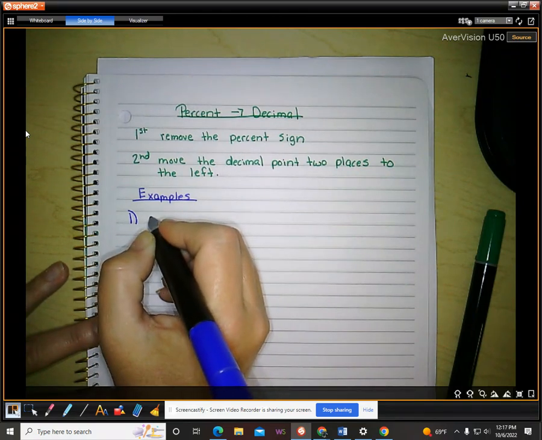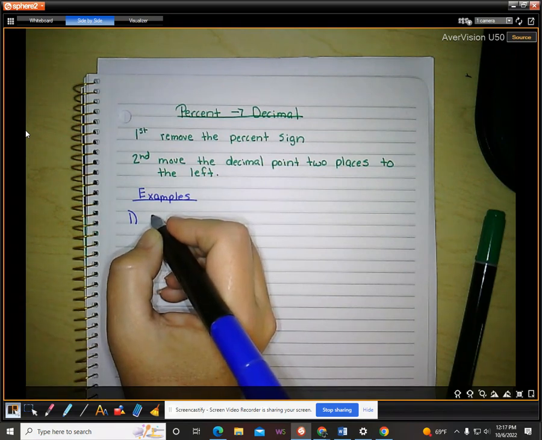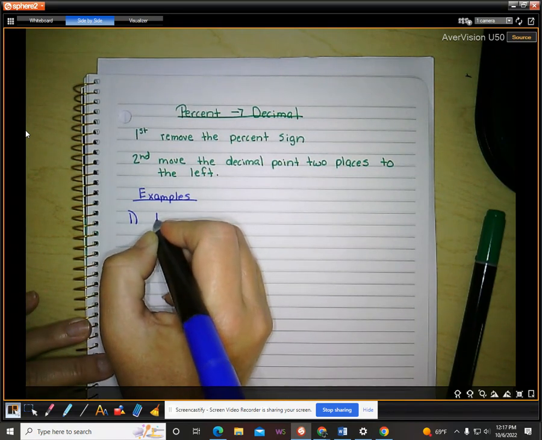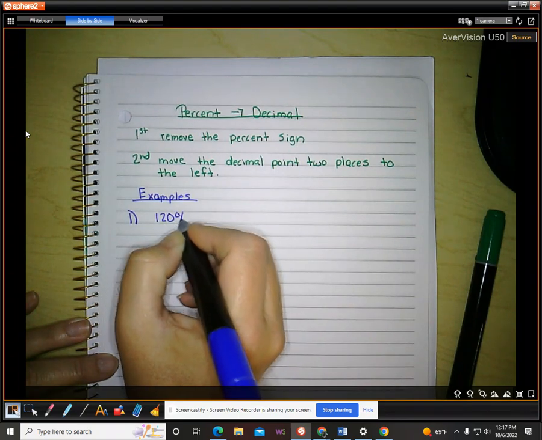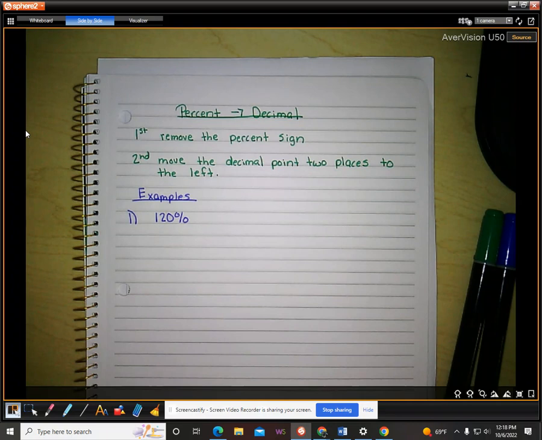So if I got all my IXLs to 100% or to a SMART score of 100, you would get a 12 out of 10. Okay, that is 120%. So even though percents are always out of 100, it is possible to have more than 100% on something. Okay, that's called extra credit.